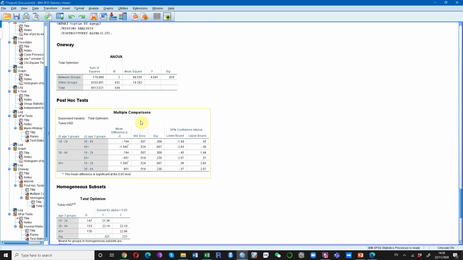But the problem with Kruskal-Wallis is, first of all, it's difficult to interpret the value. So we don't have the F-test value anymore. As you can see here, that's the unit of deviation. What's the score deviation from one group to another? We don't have it here.